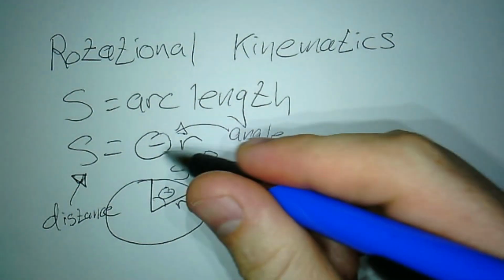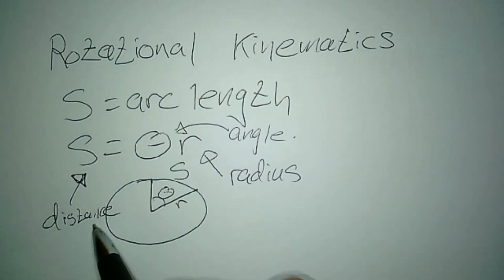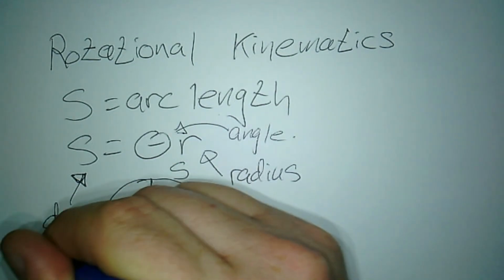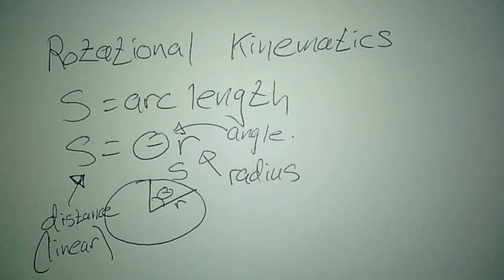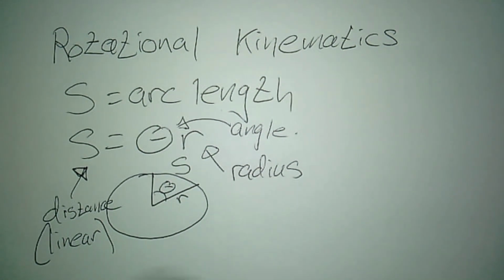So this is just your basic way of converting from angular stuff to linear stuff. So this is linear distance here. Let's put linear below it. Okay. That's going to be the major gist. So in converting anything from angular stuff to linear stuff, I really just need to multiply by R. Done. That's it. Call it good.